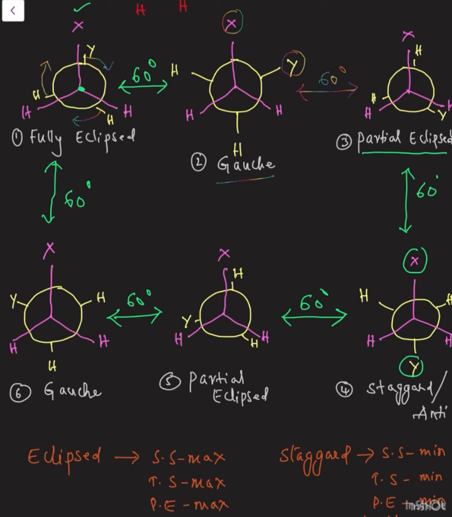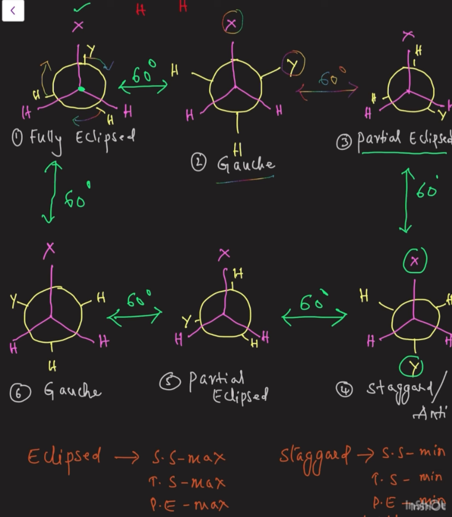Like this, by rotating one of the carbons, an infinite number of conformers are possible. So here, except the fully eclipsed and staggered, whatever the middle conformers are formed, all of them are called skew conformers.